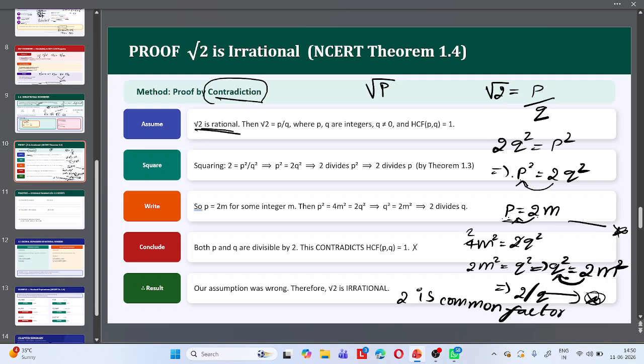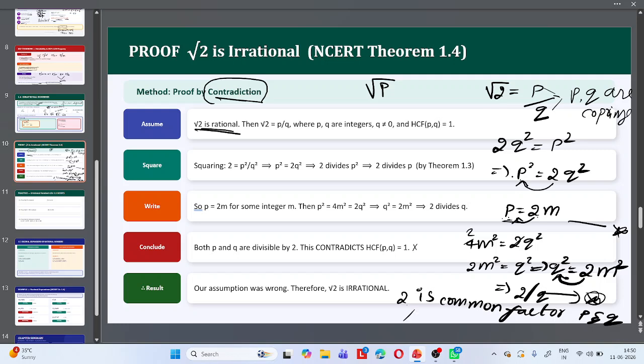Am I right? Yes, because we have proved that 2 is a common factor for p and q. Is it possible? No, because already we have taken that p and q are co-primes. Co-prime means there should not be any common factor for these two.